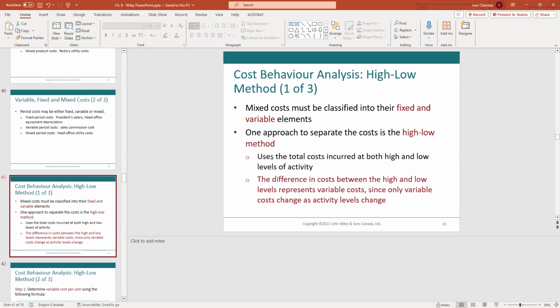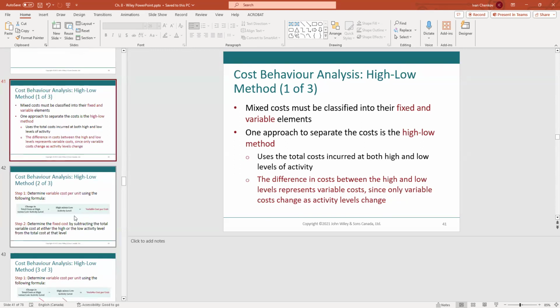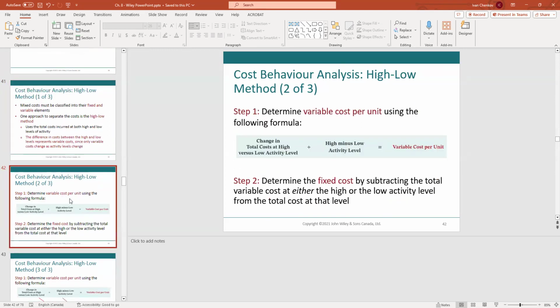We're going to use the different costs within different periods, and we're going to find the difference in the cost between the high and low level, which represents the variable cost, since only the variable cost changes as the activity level changes. So from the theoretical point of view, first we're going to determine the variable cost per unit using the formula: changes in the total cost divided by the changes in the level of activity.